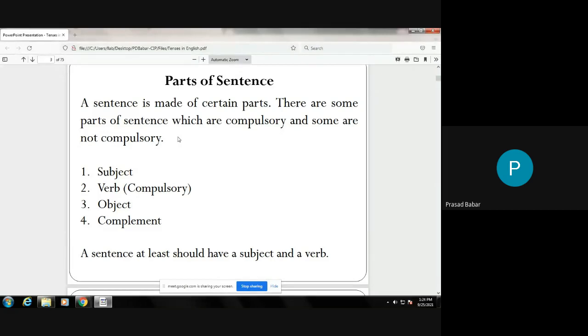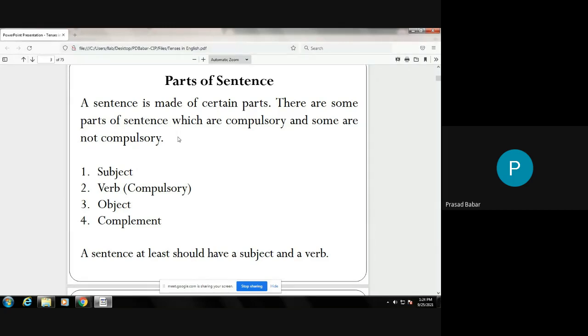What the compulsory parts are and what the non-compulsory parts are, we will see. So let's discuss the first, that is subject.